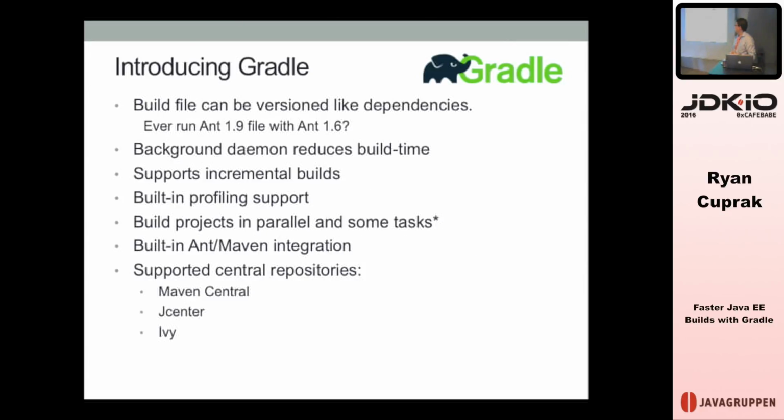One of the nice things with Gradle is that the build file can be versioned like dependencies. So in the build file you can insert, which I'll show, the wrapper lines which specify which version, and you can check into version control basically a bootstrap that will build your project, the wrapper. So unlike Ant, where there are actually differences between different versions of Ant.